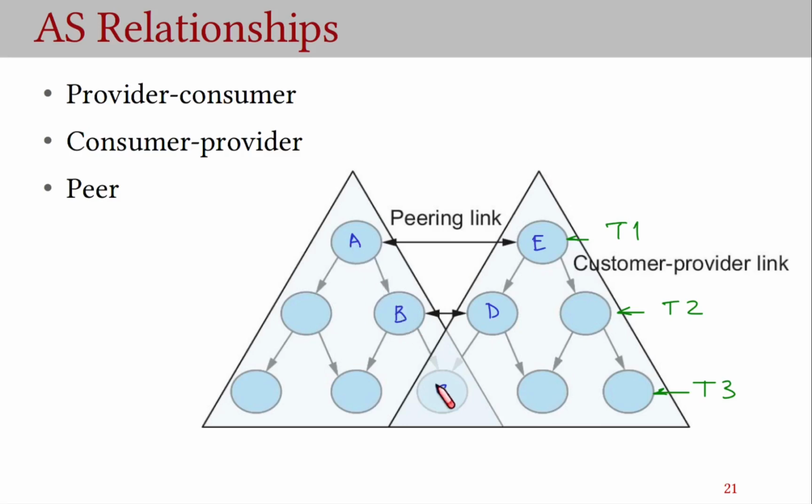Then B is provider for C, C is customer of B. Similarly, C here is customer of D as well. So C is a multi-homing autonomous system. And then B and D are peers. A and E are peers as well, right? So these are the three basic relationships.